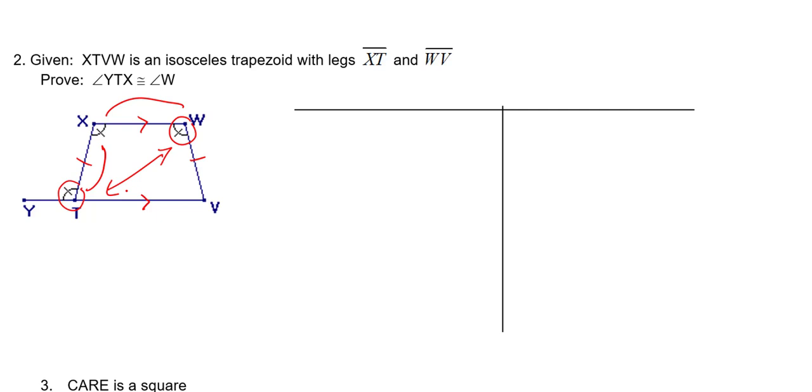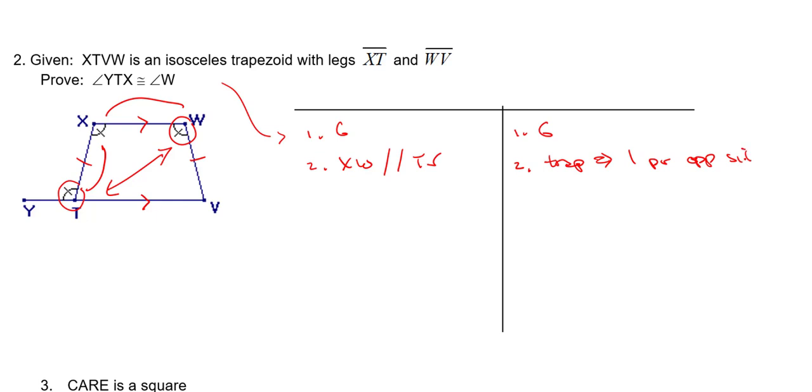So let's go ahead and write this out. I know I got a bunch of givens here. Please don't do that on an actual test or quiz, but for now I'm going to do that for the sake of time. I know that XW is parallel to TV. That's because in a trapezoid, there's one pair of opposite sides parallel.